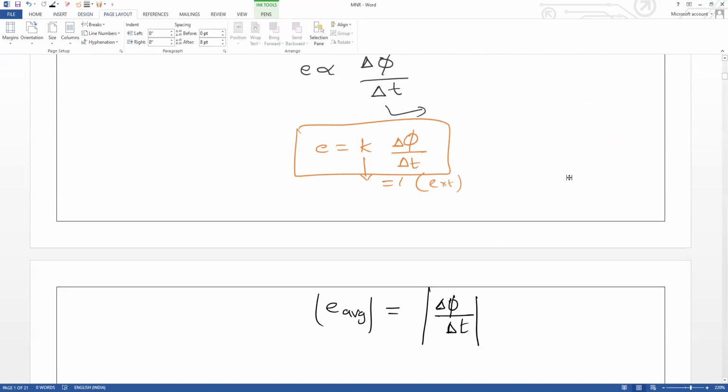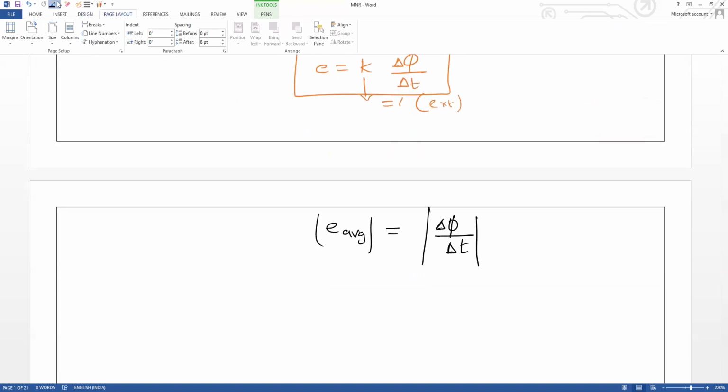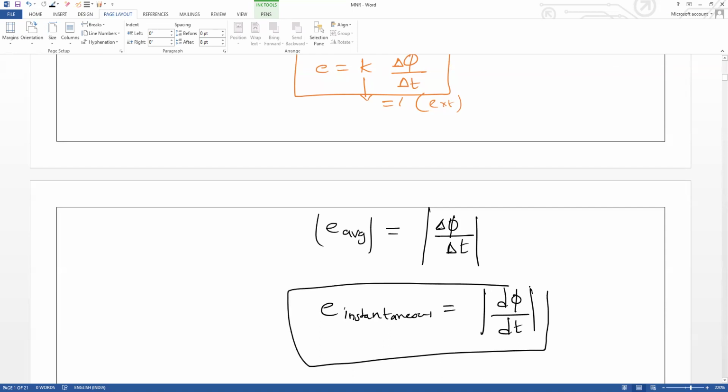So at that instant, what will happen? That is what I call E instant, the EMF produced at that instantaneous moment. What is instantaneous, everyone? It is equal to the mod of d phi by dt. Is it right or wrong? Please respond, guys. But what is the actual formula, everybody?